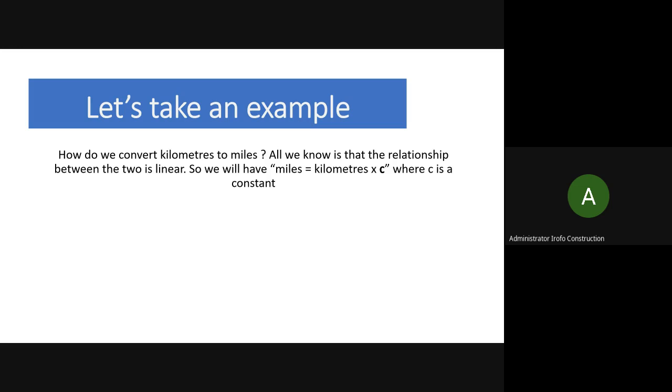Let's say Old Trafford is in Ghana here, and you have another Old Trafford in the UK, and in the UK they use miles to calculate distance. But in Ghana here, we use kilometers. If I stand at Old Trafford in Ghana and calculate the distance from one pole to the other and get something like 20 kilometers, and I go to the UK and calculate the same thing from one pole to another, even though they are using miles, the distance they get in miles is equivalent to the one we had in kilometers.